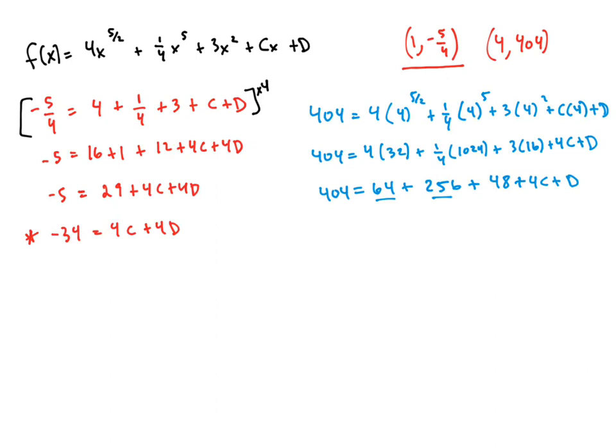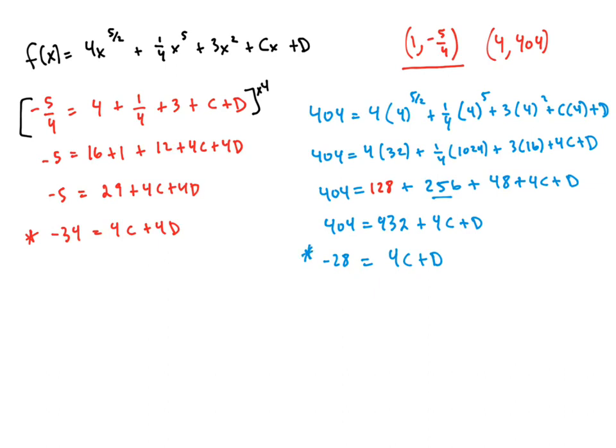I was just checking all my work and made a mistake right here. So this is actually 64, 96. 32 times 4 is 128. Okay, so combining some like terms, I get 432 on the right. Okay, so 4c plus d is equal to negative 28 here. So there's our second equation.